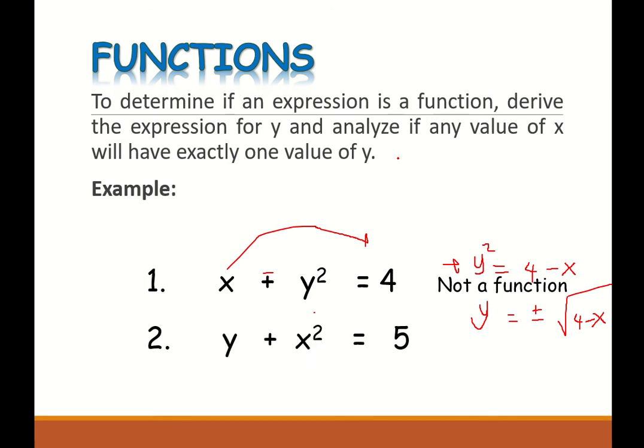Now the second example, we have y plus x squared equals 5. So we just transpose x squared to the other side, retaining y on the left side. So we have y equals, on the right side we have originally 5, then minus x squared.